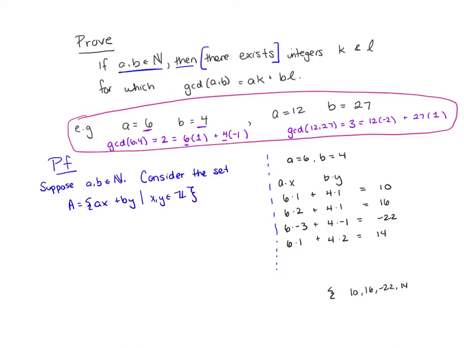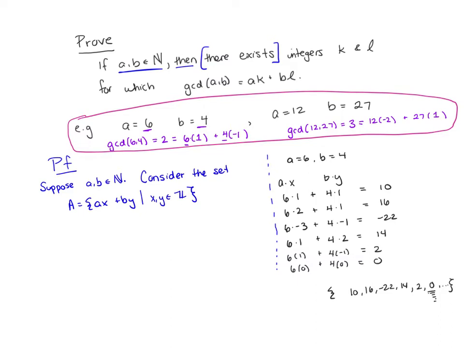We saw we could have done 6 times 1 and 4 times -1, and that would give us 2. So 2 will also be in here. I'm also allowed to use 0. So I certainly will have 0 in my set, and so forth. It's going to have positive numbers, negative numbers, and it's always going to have 0.